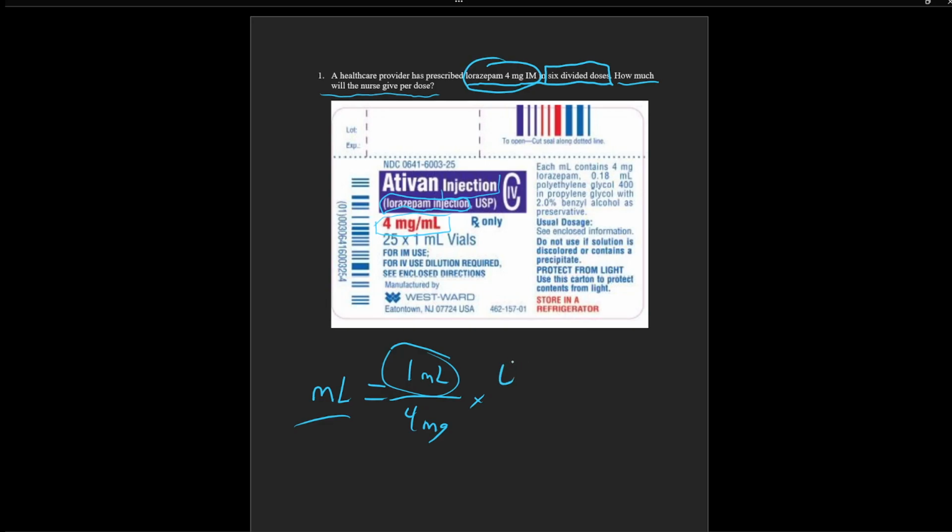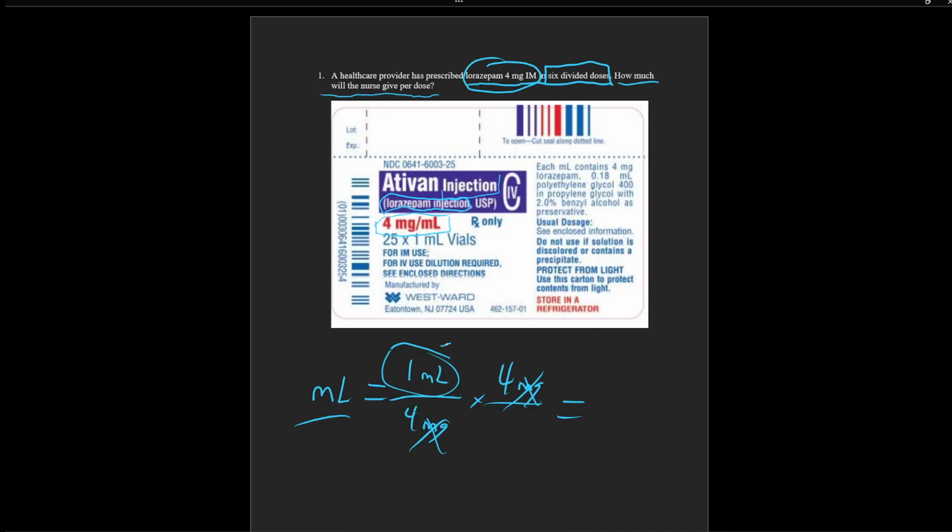We have 4 milligrams. Then we have milligrams here and milligrams here, so these will cancel out. We're treating them just like variables. If you were doing basic algebra, we want to cancel out things that we don't need. And then multiply across, and divide.